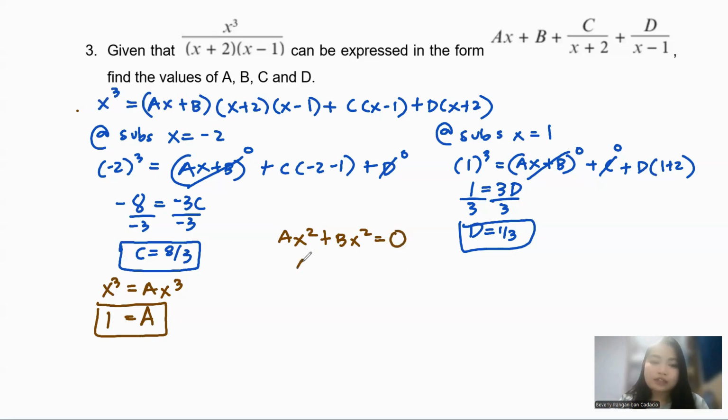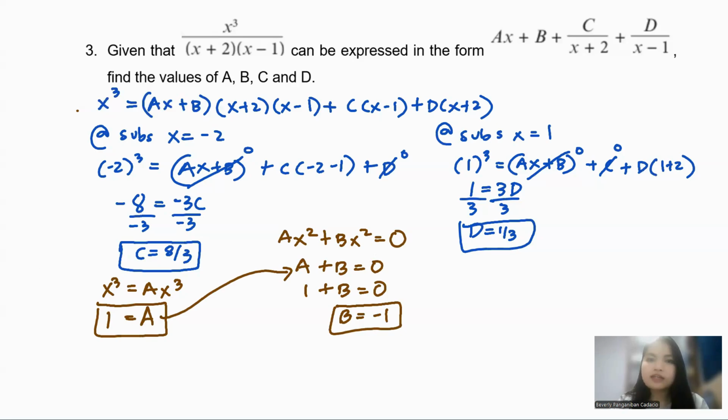Or I can just write that a plus b is equal to 0. And your a is 1. You just put it there. 1 plus b is equal to 0. Therefore, your b is equal to negative 1. Then therefore, your final answer, let me write it properly.